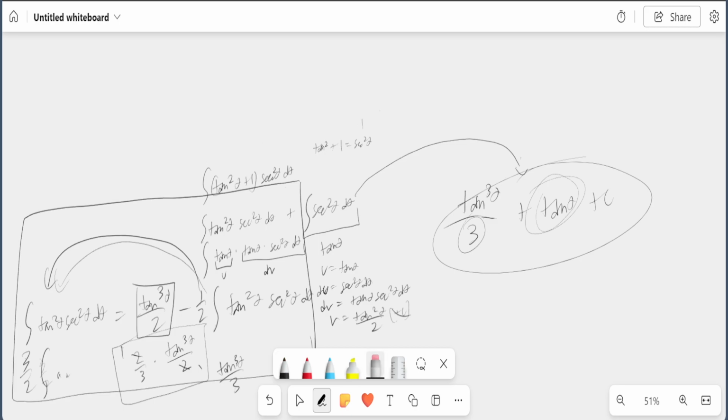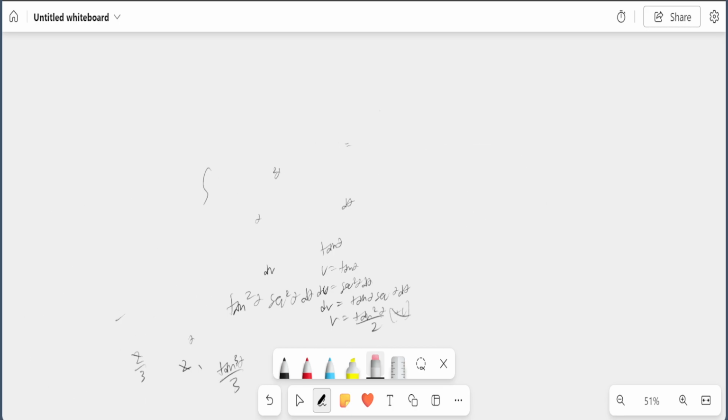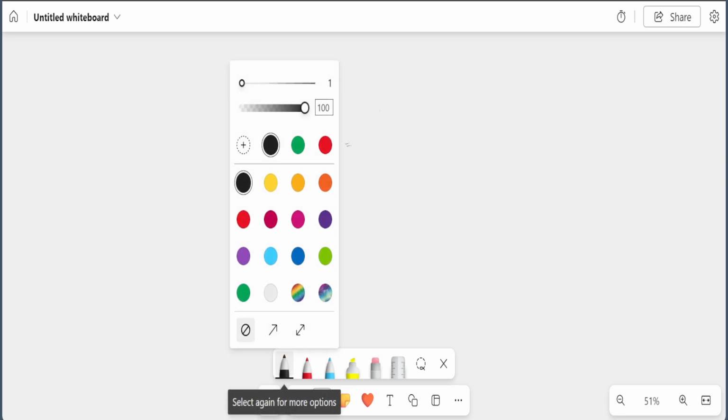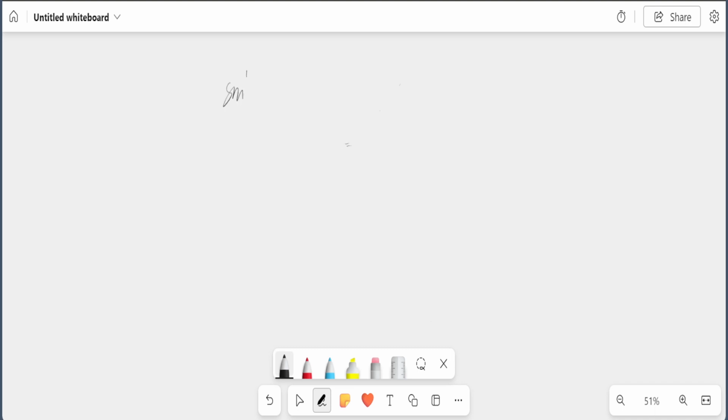Okay, so what was the one where he showed you a power higher than 2? Because I swear we've never done that. We usually just split them apart, but sine to the fourth power. Okay, let's see. Sine to the 4th theta d theta. So what's the problem with doing this? Did you try this?